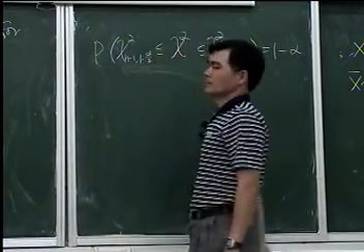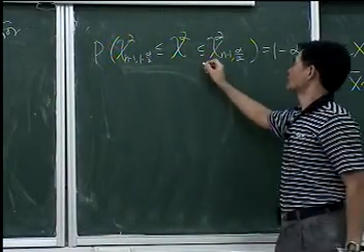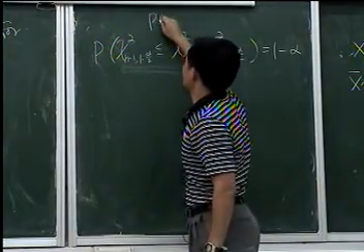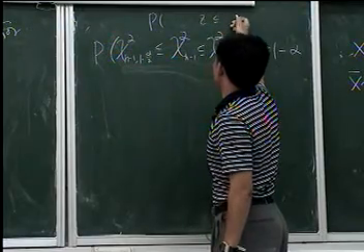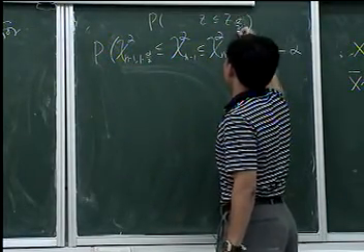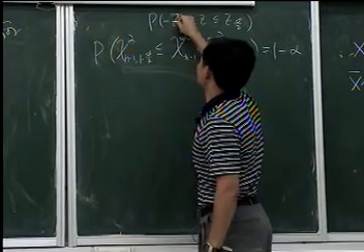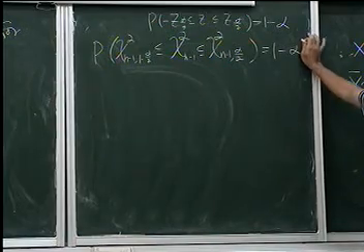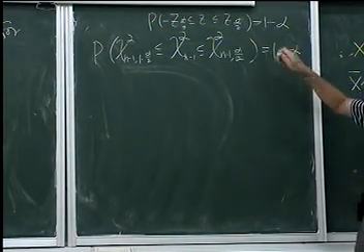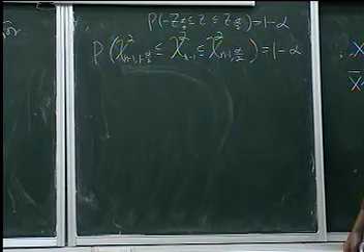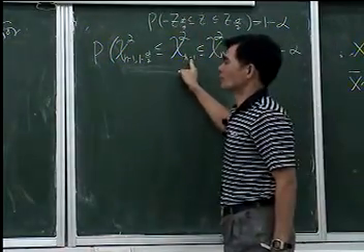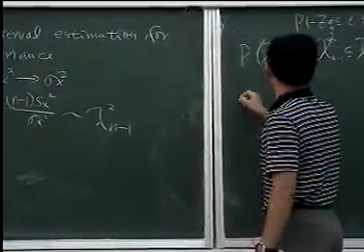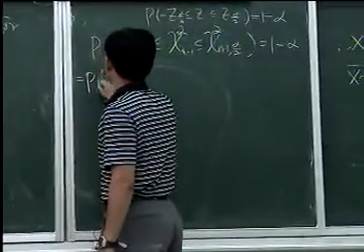Of course, it is n minus 1 degrees of freedom. Just like we say P of negative z alpha over 2 less than or equal to Z less than or equal to z alpha over 2 is equal to 1 minus alpha. That's the same thing. Now we just plug in the formula. So this variable, as a matter of fact, is equal to that one.